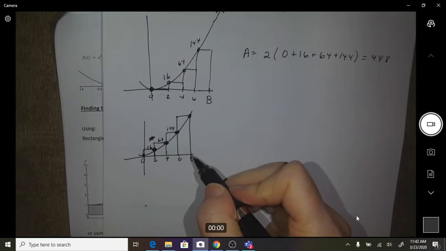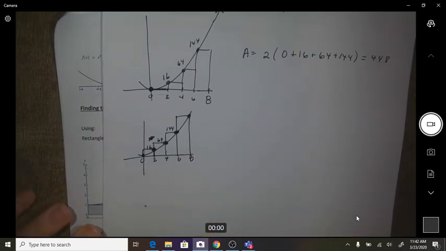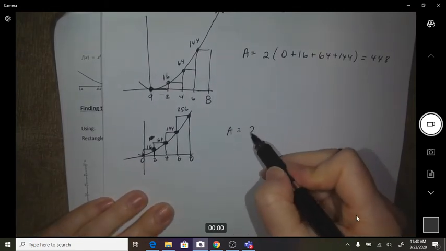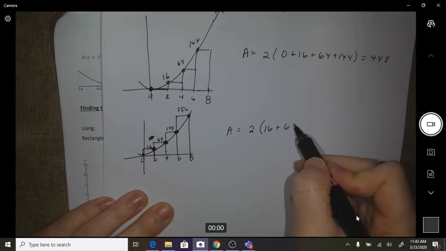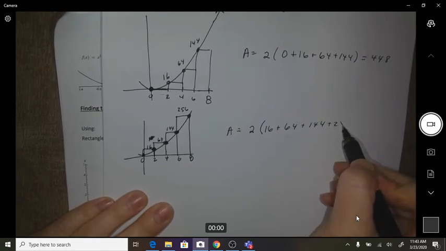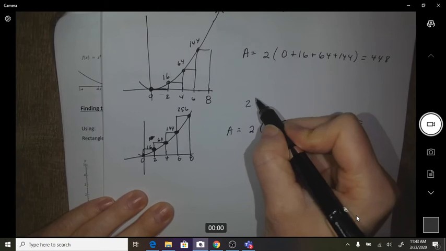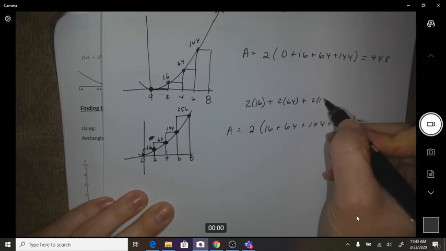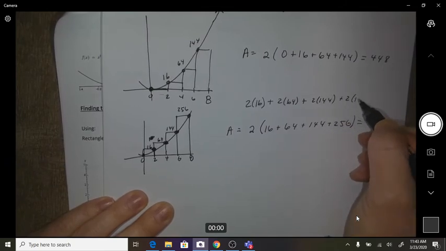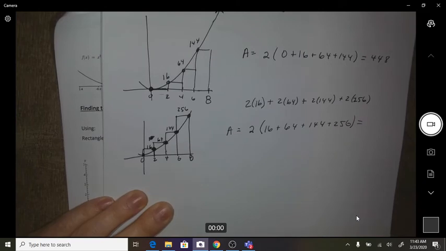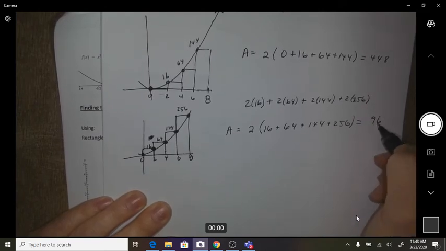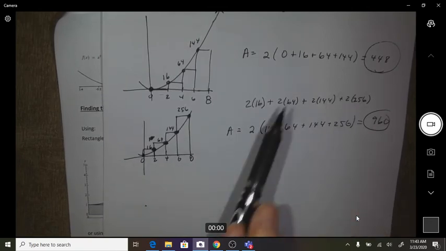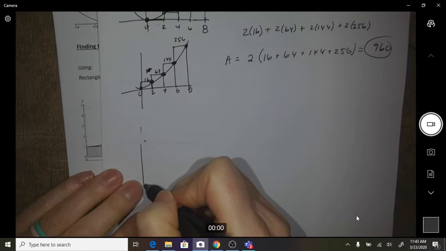And this one is 8 squared times 4, so that's 256. Each one's 2 wide. Technically I am doing a 2 wide by 16 high, a 2 wide by 64 high. That's what's actually going on, but we've just learned how to shortcut it. So that's 960. That's a way overestimation, and this is an under.